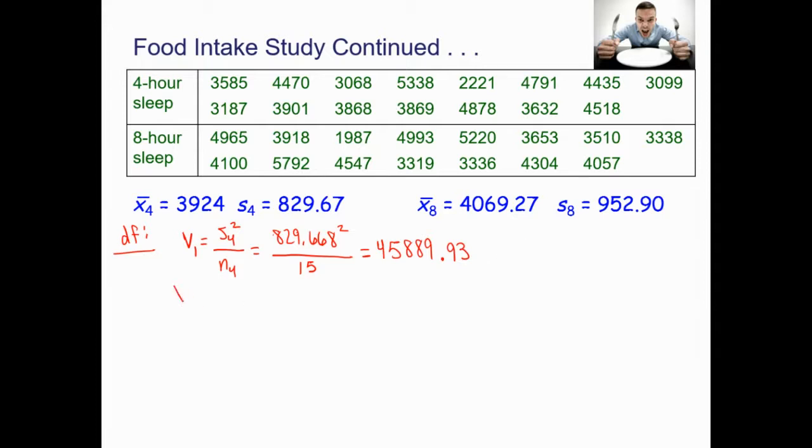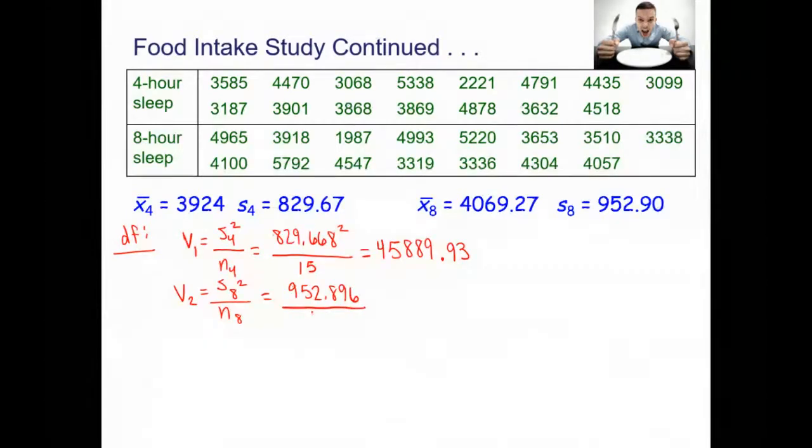And then for V2, to be S8 squared over N8. So our not as rounded value is 952.896 over 15. Oh, I gotta square it.